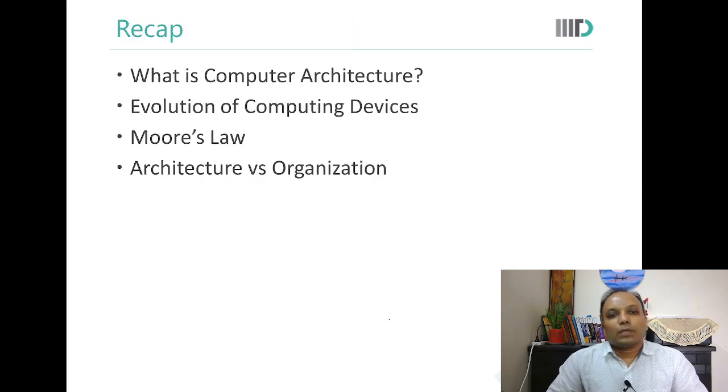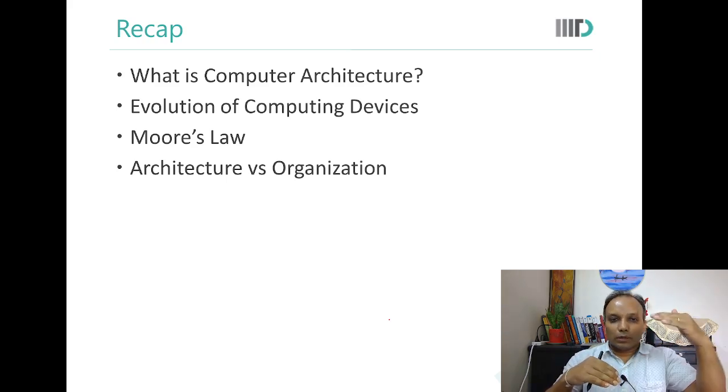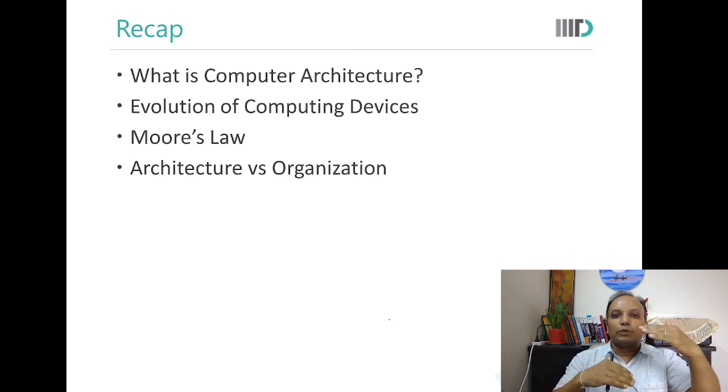Just to recap what we have discussed today, we tried to understand what computer architecture is. We addressed this problem as a purposeful use of science, which engineers are supposed to do, and how this purposeful use of science can be achieved in a reasonable manner by abstracting out all the different layers between your application and the physics which lies beneath.